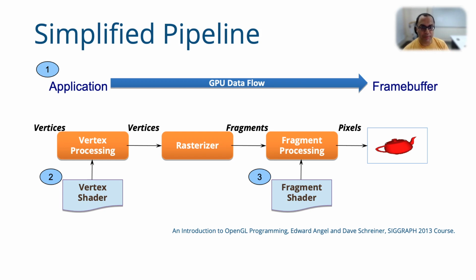So it is going to have the specification of geometry, and then it is going to fire off the draw call, which is going to send off the vertices into the GPU. Then the vertex shader is going to be picked up and executed. Then the rasterizer comes into action automatically. Then the fragment shader is going to be picked up and executed. And finally, if everything has gone well, you will see your pixels on the screen.